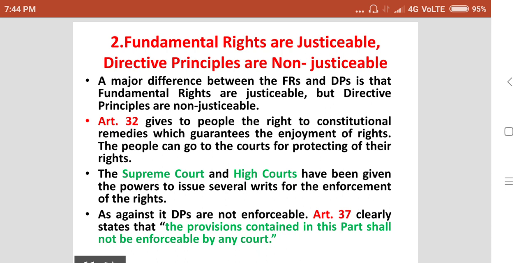So we have already discussed the five types of writs which give protection to our rights and freedoms, like habeas corpus, mandamus, quo warranto, certiorari, injunction, etc. As against it, directive principles are not enforceable. Article 37 clearly states that the provisions contained in this part shall not be enforceable by any court.